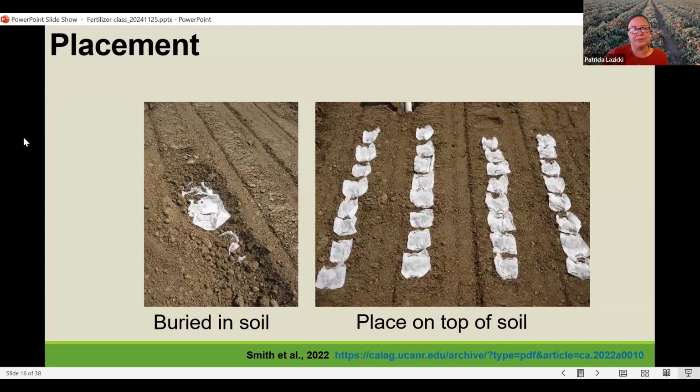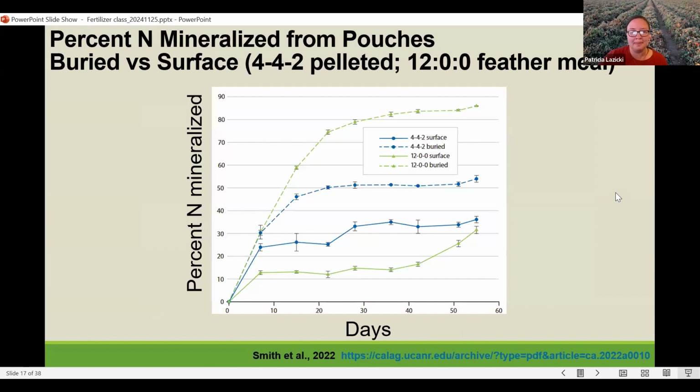Placement is something that's really important, and we don't have that much good data on. So this is a study that Richard Smith did. Daniel Geisler talked about it last week, where they took either feather meal or a granular 4-4-2 fertilizer and either buried it 3 inches down or placed it on top, and then measured mineralization over time.